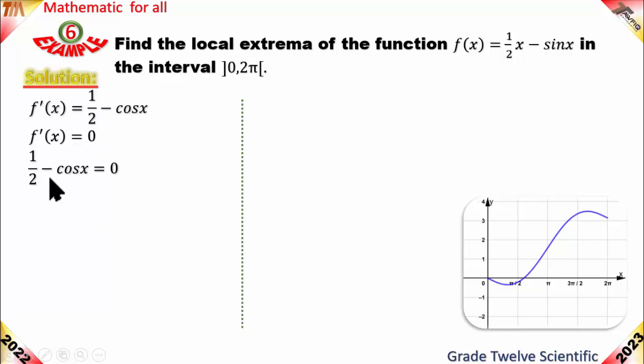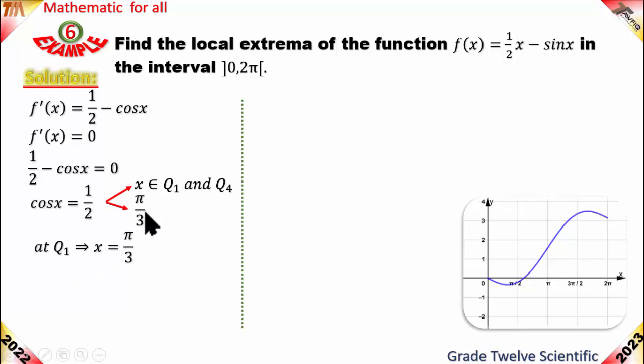Set the derivative equal to 0 and find the value of x. It becomes 1/2 minus cosine x equals 0, and cosine x equals 1/2. Because 1/2 is positive, the sign of cosine is positive. That means x belongs to quadrant 1 and quadrant 4, and the standard angle, because cosine of pi over 3 is 1/2, is pi over 3.